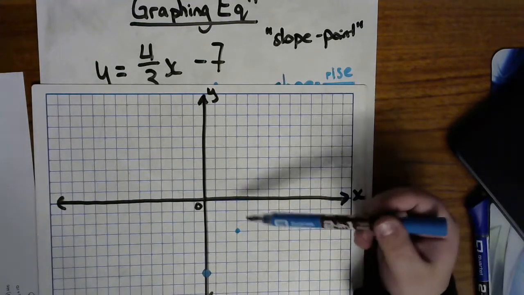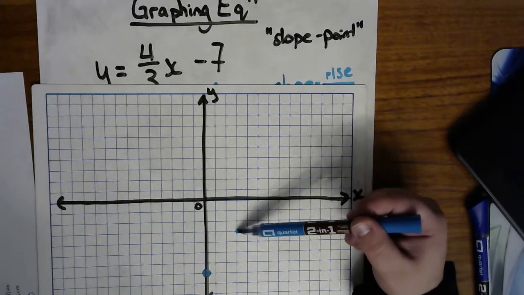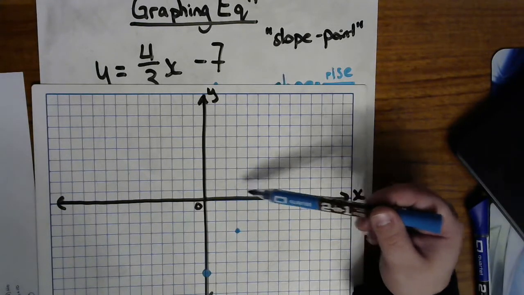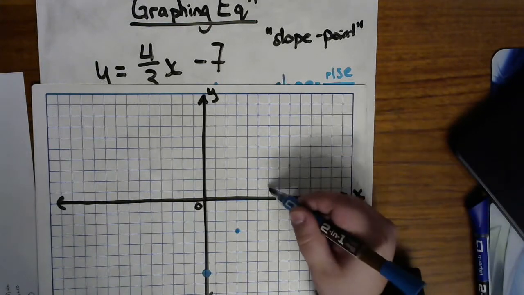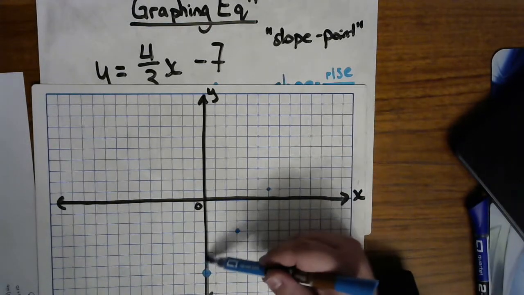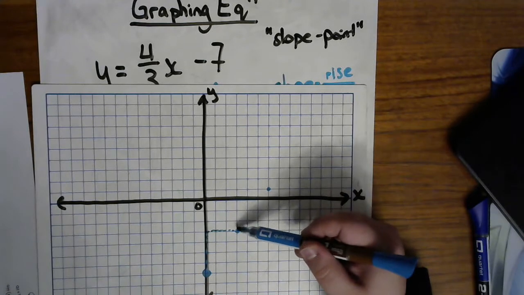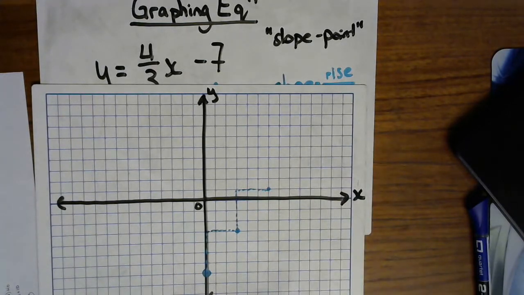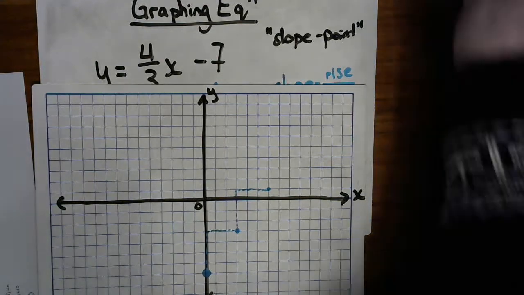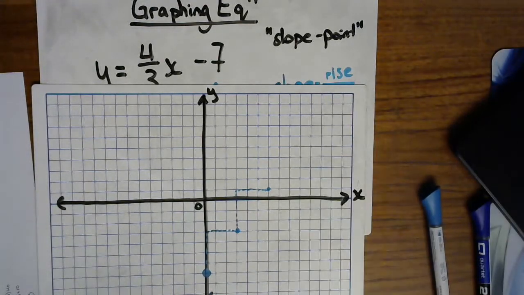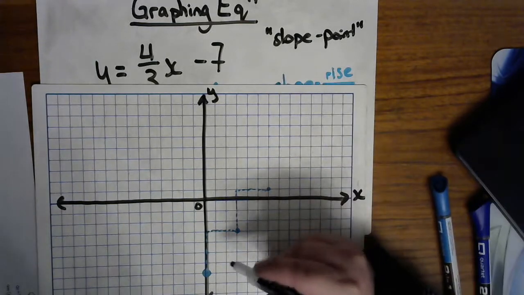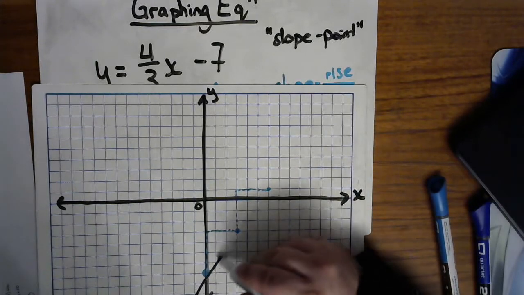If I want to do another one, I could start this time here, and count up 1, 2, 3, 4, and count to the right 3, 1, 2, 3, and put a dot right there. Awesome. I can track my movement with these dashed lines, but what I really care about is drawing a straight line through my points, because whenever we draw a relationship, we care about how our data points look.